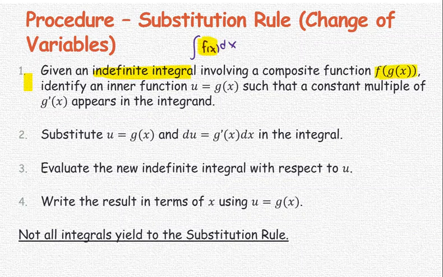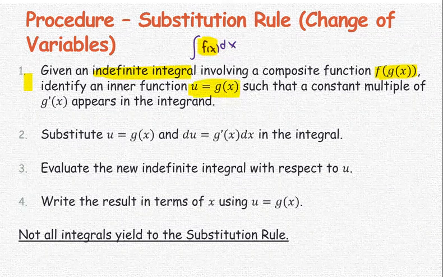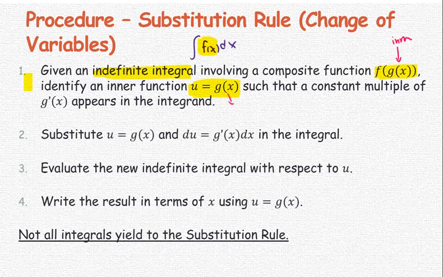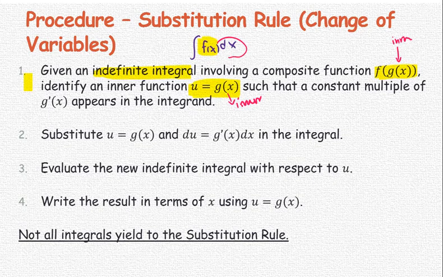Then you introduce u to represent the inner function. The key term here, g of x, is the inner function. The u is the inner function part of the integrand. Okay, and then you're going to see the rest of the integrand will be in some form of the derivative of the inner function. It sounds complicated, but I'll walk you through the example.